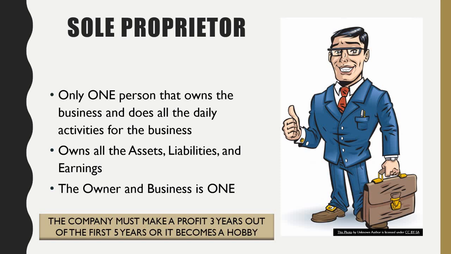And of course, if they own the entire business, that means all the assets, all the liabilities, and all the earnings are owned by the owner. In the government's eyes, the government will treat the owner and the business as one entity, meaning there is no separation between the owner and the business.